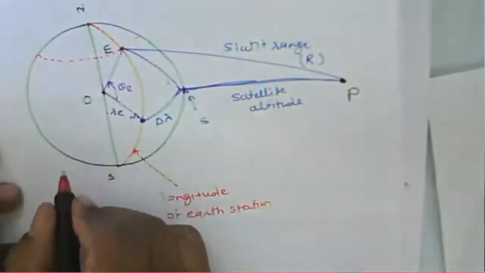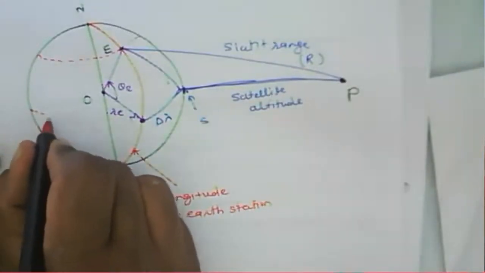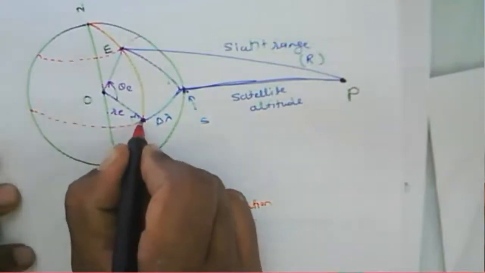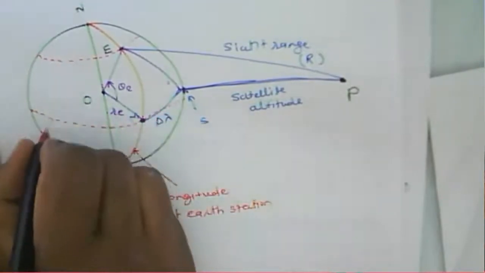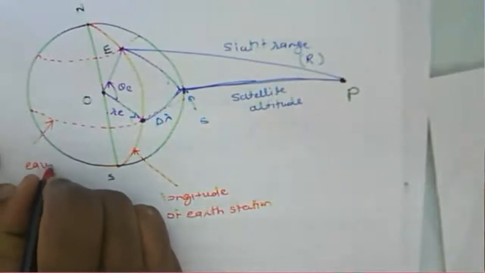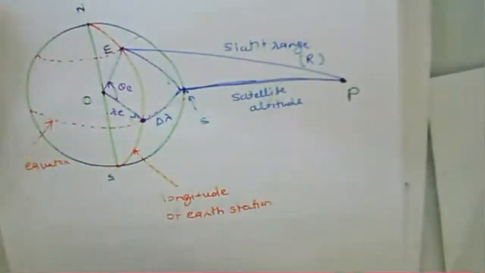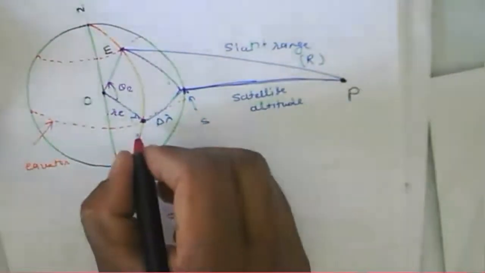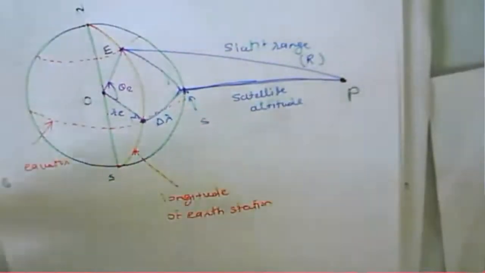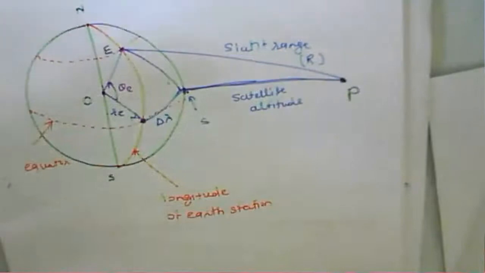This one is about a latitude here, and this M particular point we consider is on the equator. That point is on the equator, so this M point is there on the equator line now.